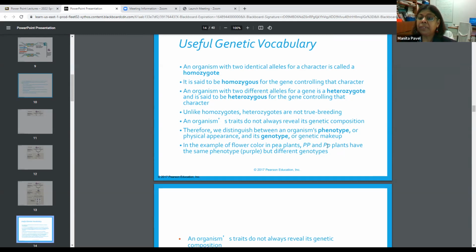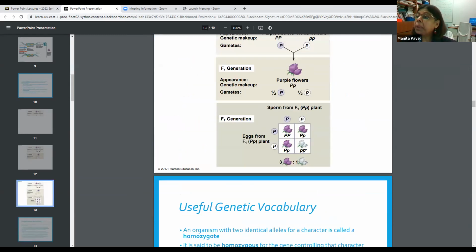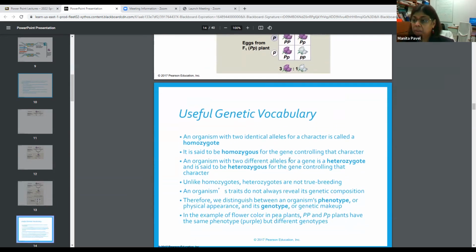And lowercase p, lowercase p is the genotype for white flowers. So you can have homozygous purple, heterozygous purple, and you only can have homozygous recessive white flowers.